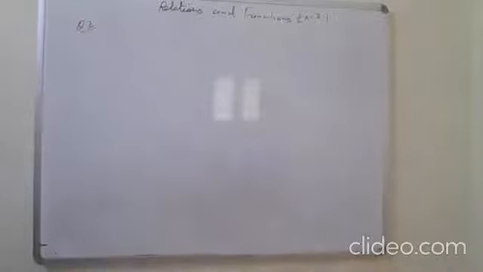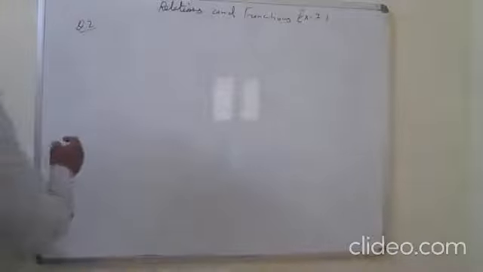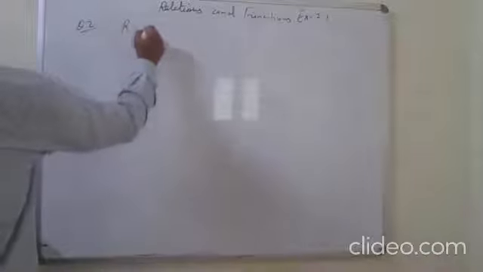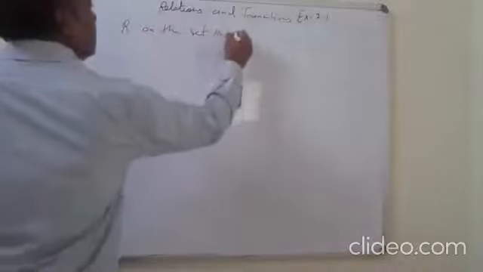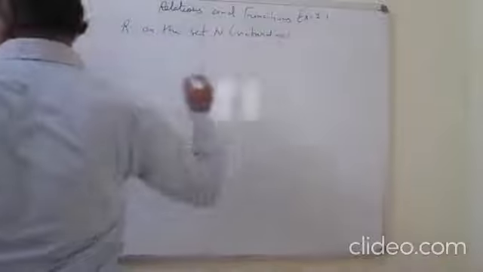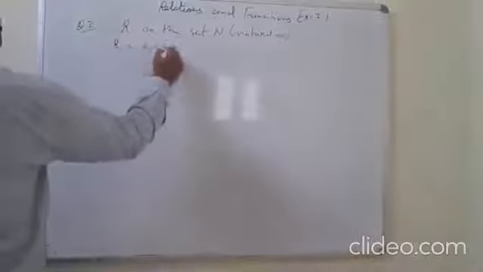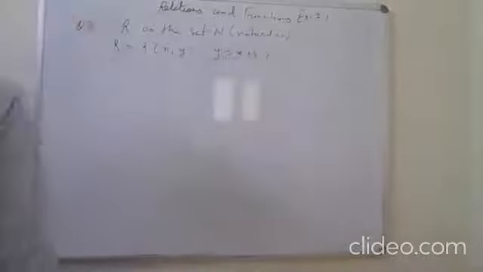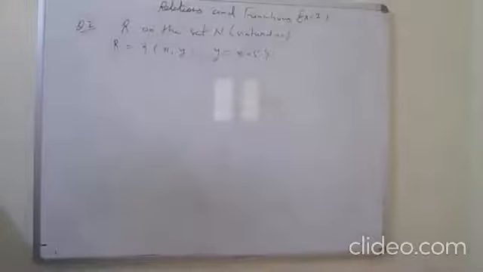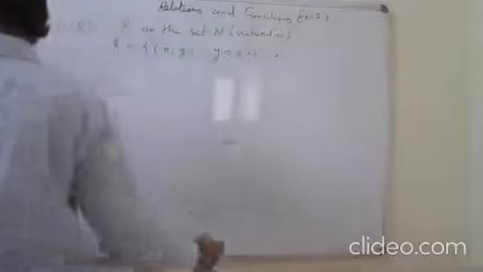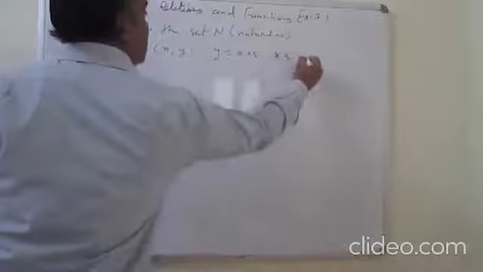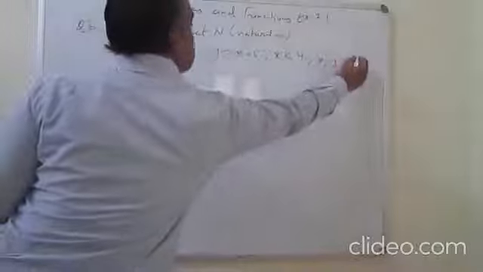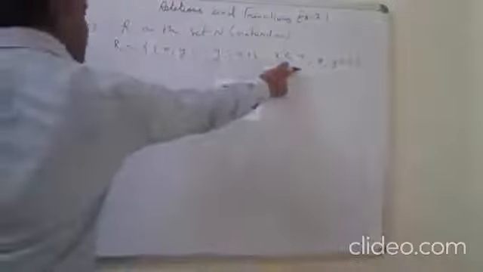Question number 2. Define a relation R on the set N. N is a natural number, and R is defined to you as the ordered pair x, y such that y is equal to x plus 5, where x is a natural number less than 4, and x, y belong to N. This is a relation given to you in set builder form.